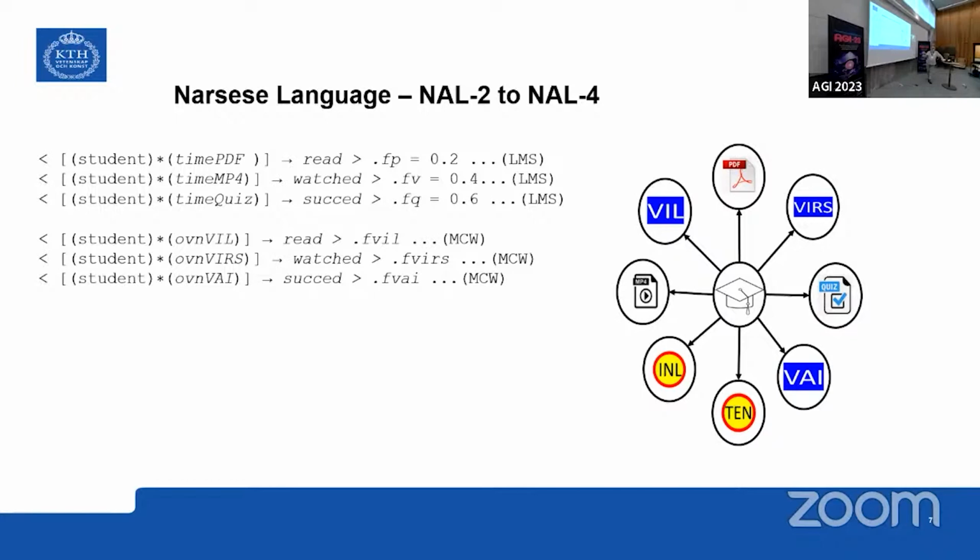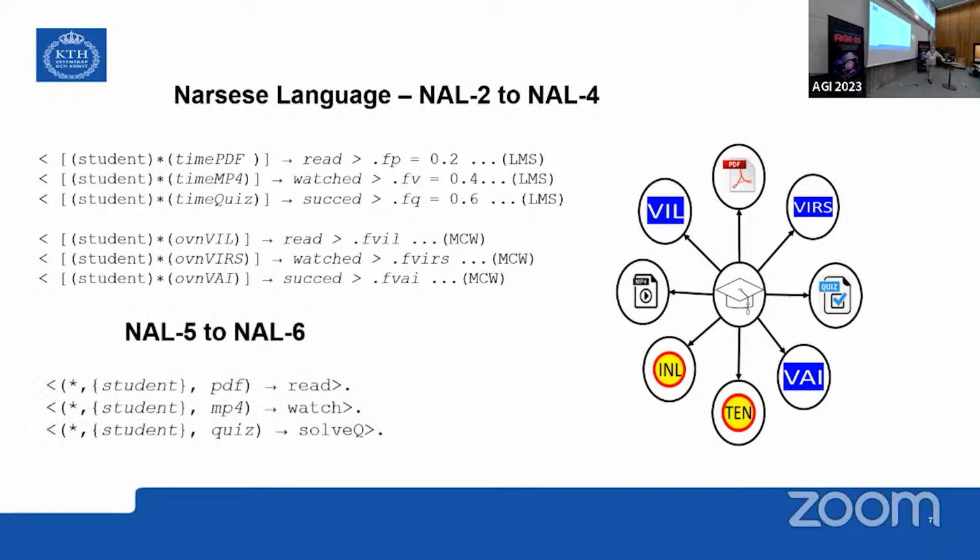It's very detailed, actually. And on the higher level of logic, 5 to 6, we connect the students to all these activities like reading the PDF or watching the videos or doing quizzes, because we cannot control them totally, and that means it's on the higher level.